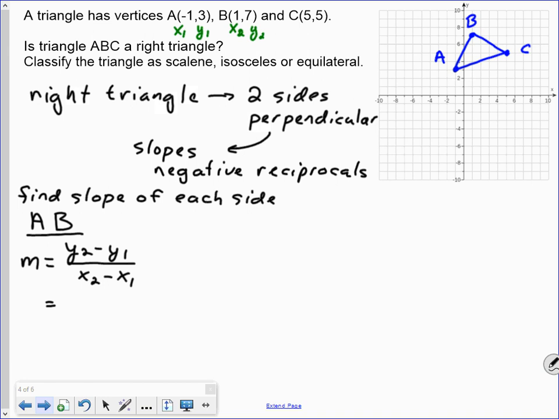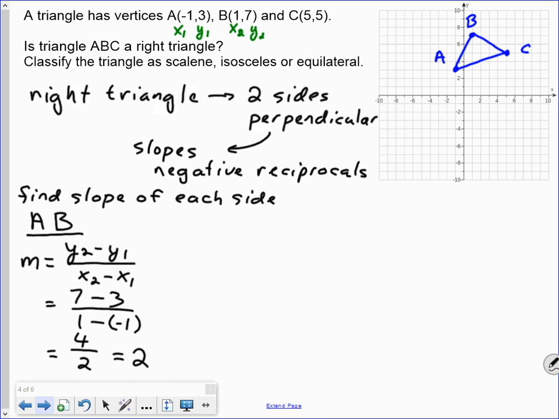So y2 is 7, y1 is 3, x2 is 1, and x1 is negative 1. When I do this calculation, I get 4 over 2. So this side has a slope of 2.